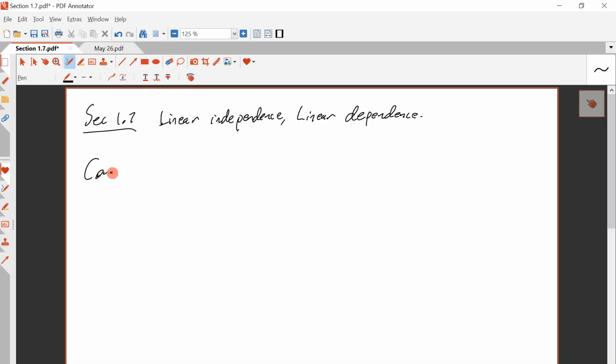So consider a collection of vectors v1 up to vc in R^n. Okay, so in n-dimensional space, we have vectors v1 to vc, right?